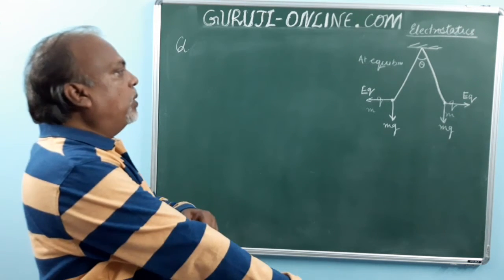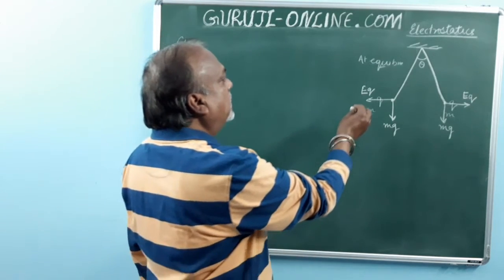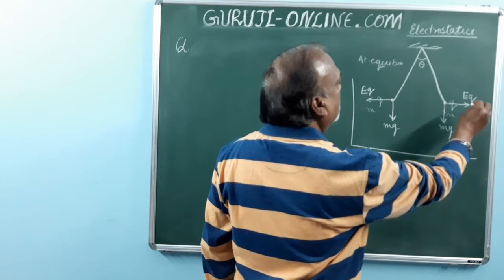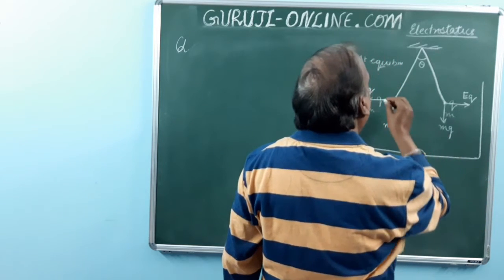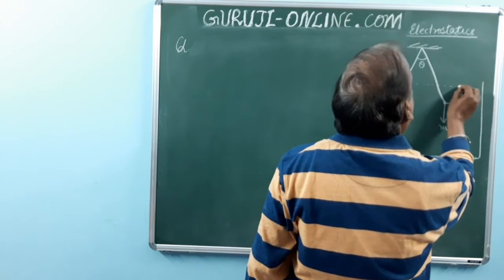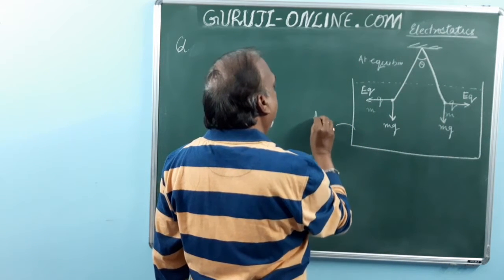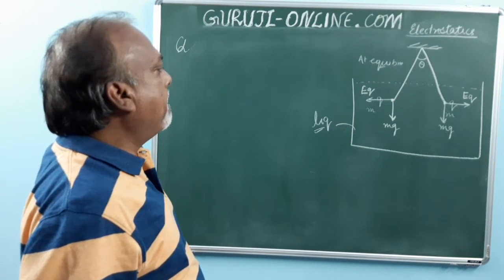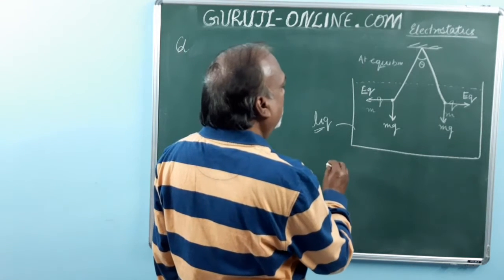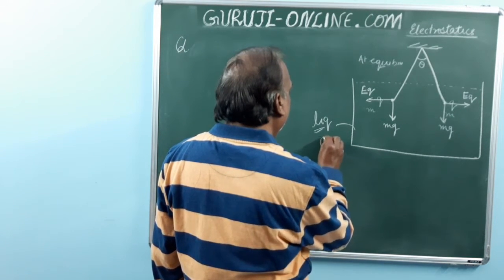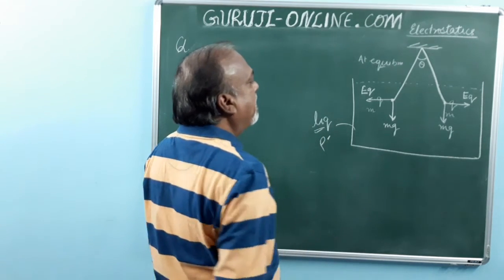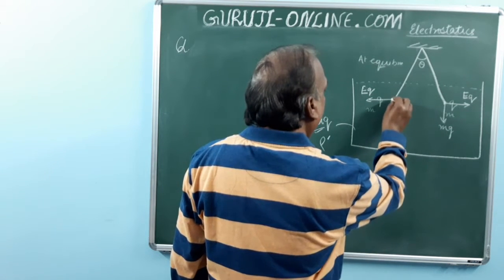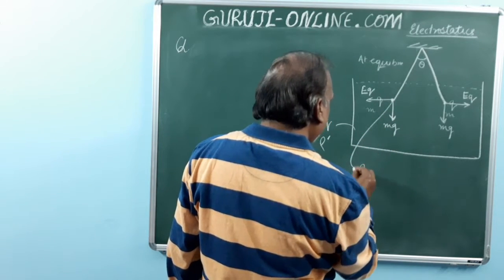Now suppose this system is put in a liquid whose density is rho dash, and this particle's density is suppose rho.